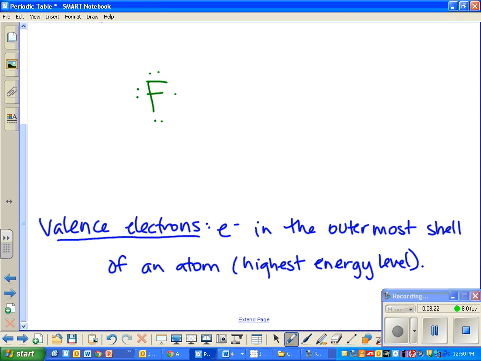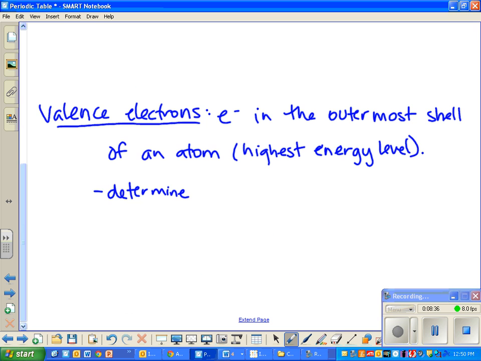These are furthest away from the nucleus. And what's key about this, which is going to come into play a lot in other chapters, is that these determine the atom's chemical properties.